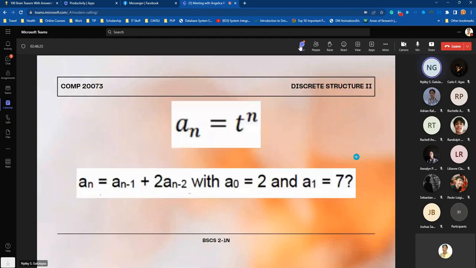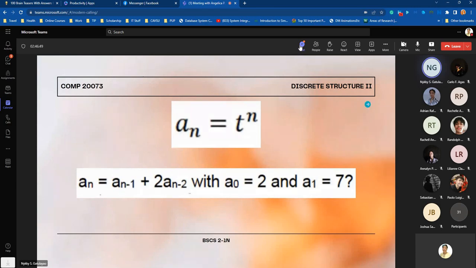To solve a linear homogeneous recurrence, assume a solution of the form a_n = r^n. We're going to solve the recurrence a_n = a_{n-1} + 2a_{n-2}, where the zeroth term is 2 and the first term is 7.